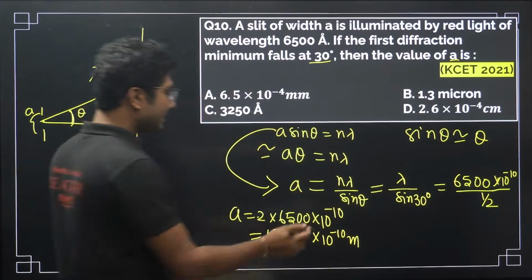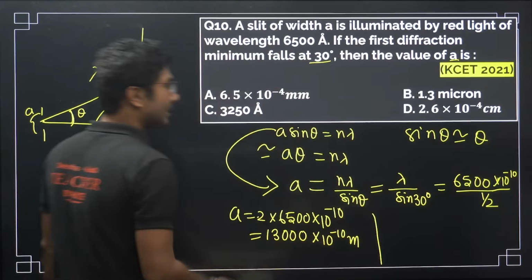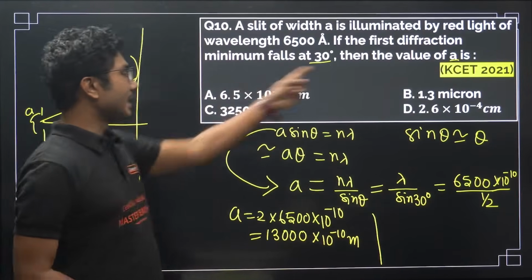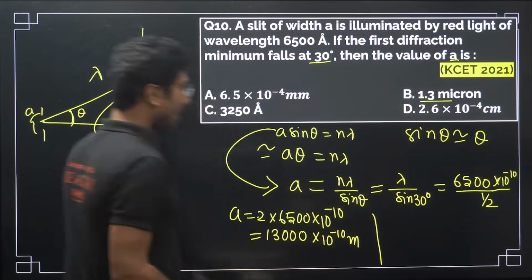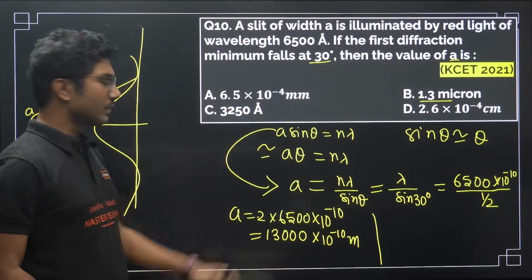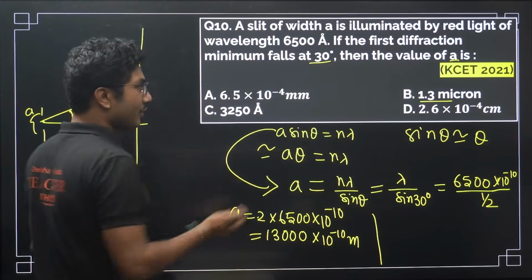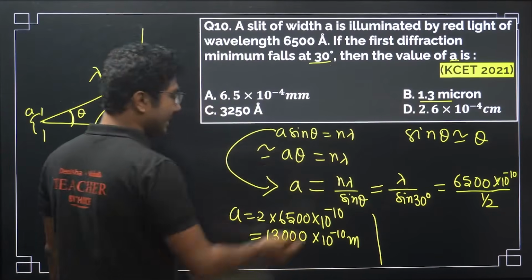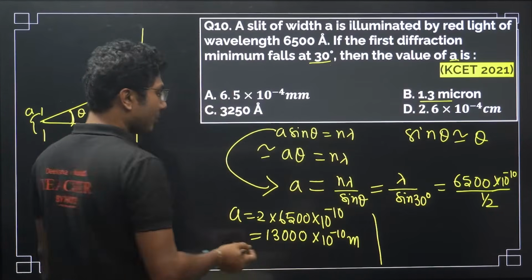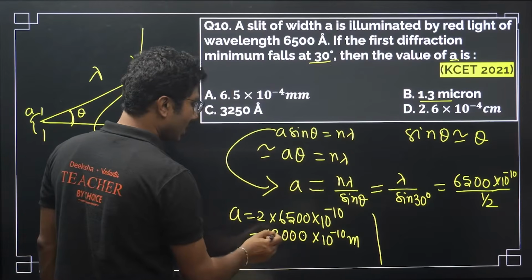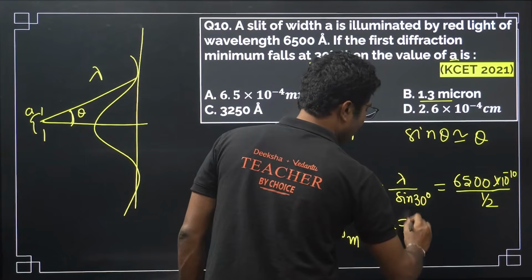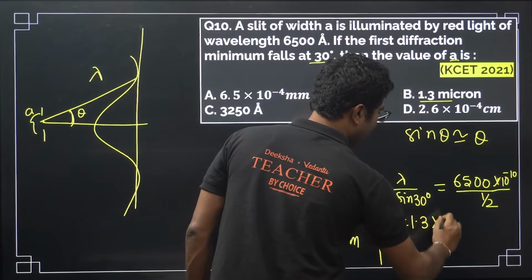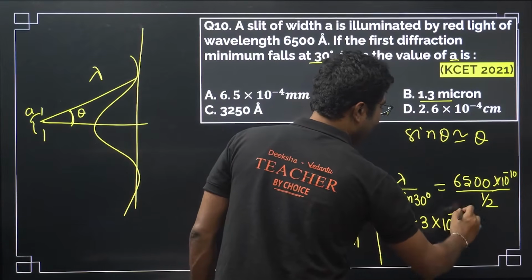Now let's simplify this. If you see the answers, none of the options is close to the value 13000. So we have to find 1.3 and check the power of 10. For 1.3 we have to reduce 4 zeros. So a equals 1.3 into 10 to the power of minus 6.